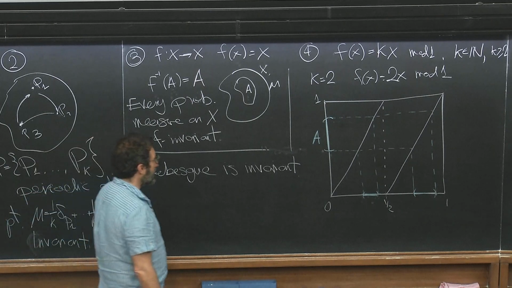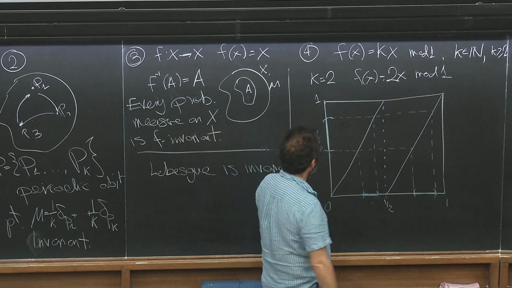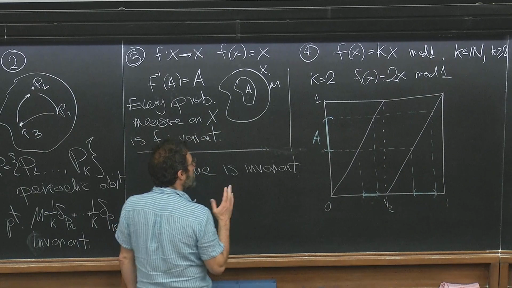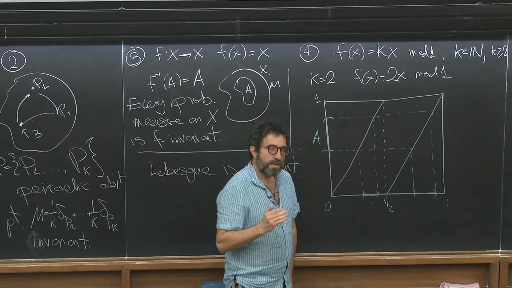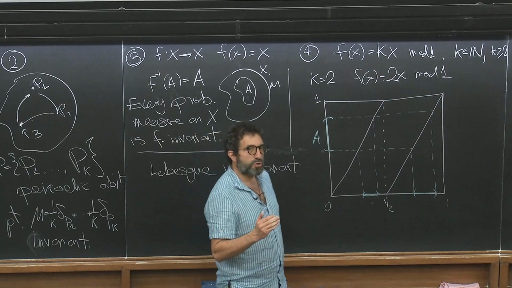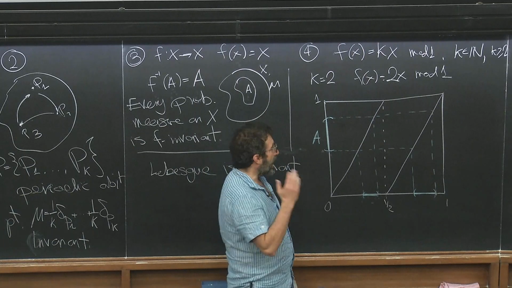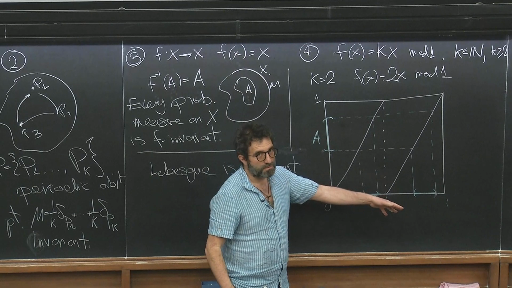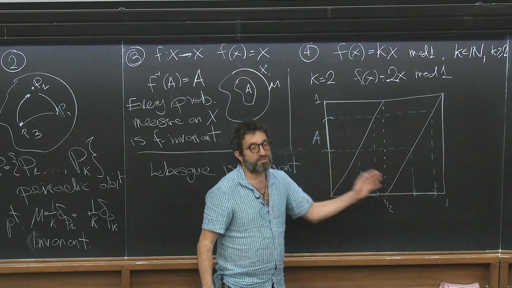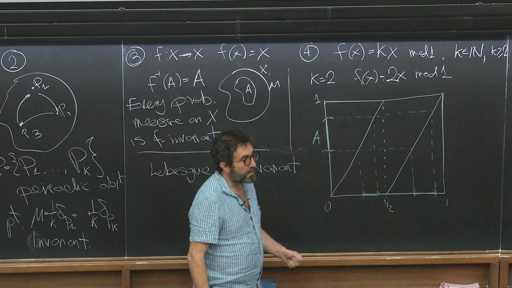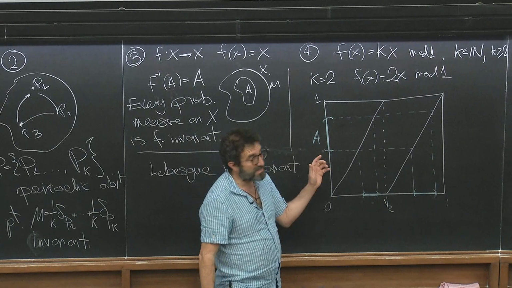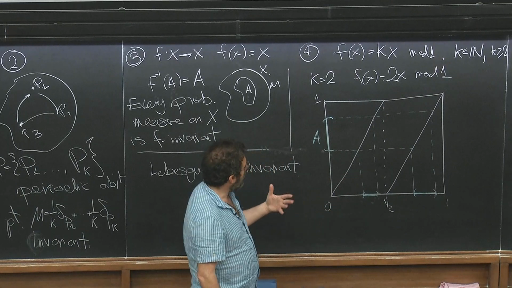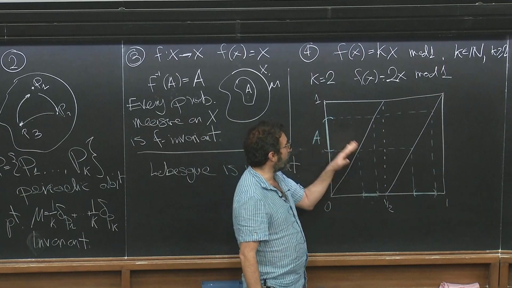So the slightly technical issue that I wanted to mention before is that in the definition of invariance, in principle, we should check that this holds for any Borel measurable set, not just for intervals. Now, Borel measurable sets can be very strange. In this case, it's piecewise affine, so you could possibly argue that it's clear that this holds.